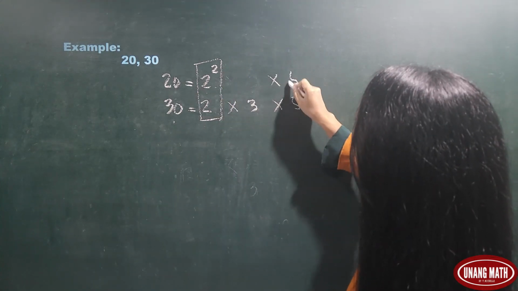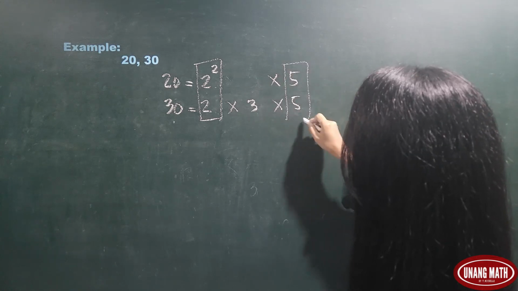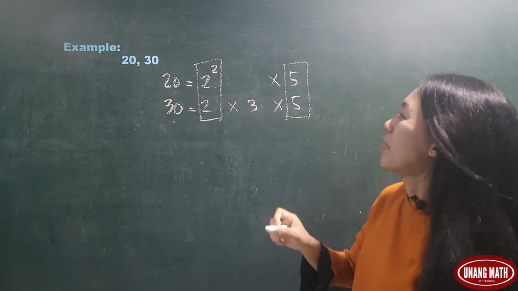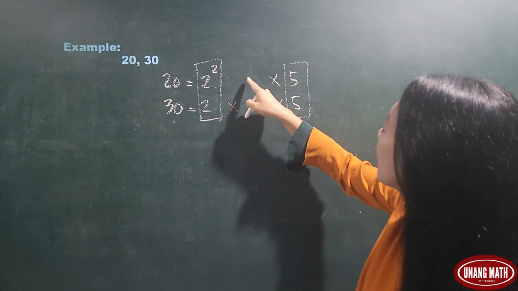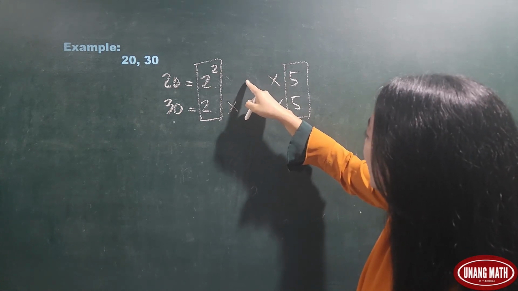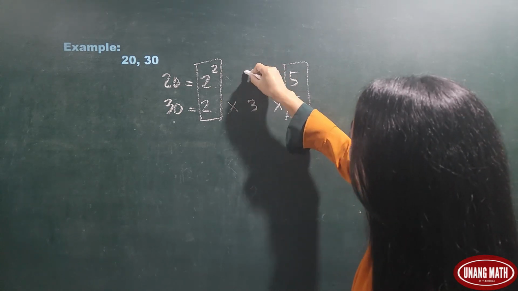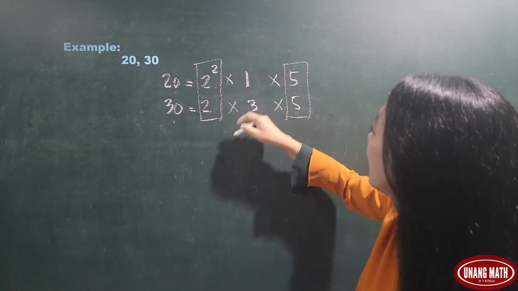So times 5. So these numbers are the same numbers. How about the number here? We can think that the number here is 1.